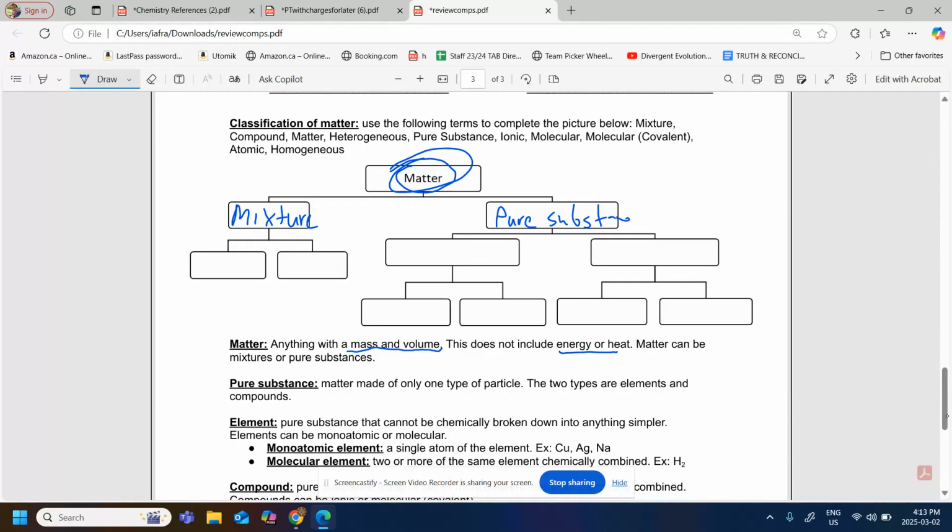In grade 9, you learned about mixtures, where you have more than one type of particle, and sometimes a mixture might look like a uniform composition. It might look like there's only one type, like salt water. You can't even tell there's more than one type in there. So that would be an example of a homogeneous mixture.